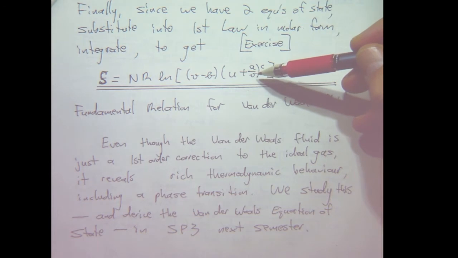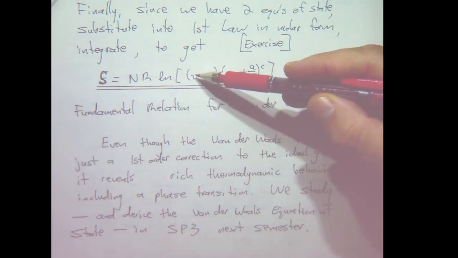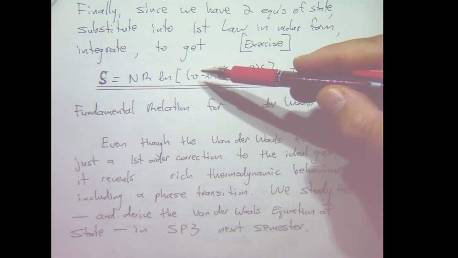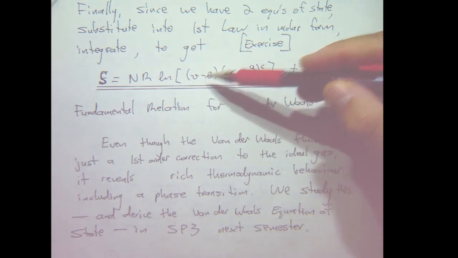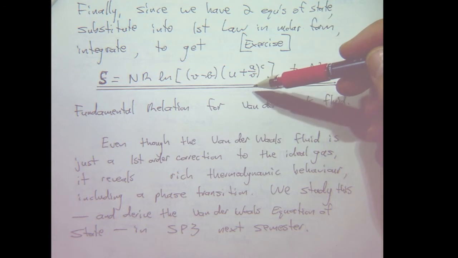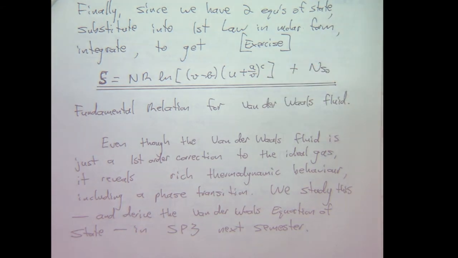Essentially all you have to do is everywhere where you see v, molar volume in the original, you substitute v minus b. Everywhere where you see u, you substitute u plus a on v. And so it's a two-line argument. You do not have to do 2 pages of calculation to rederive the entropy.